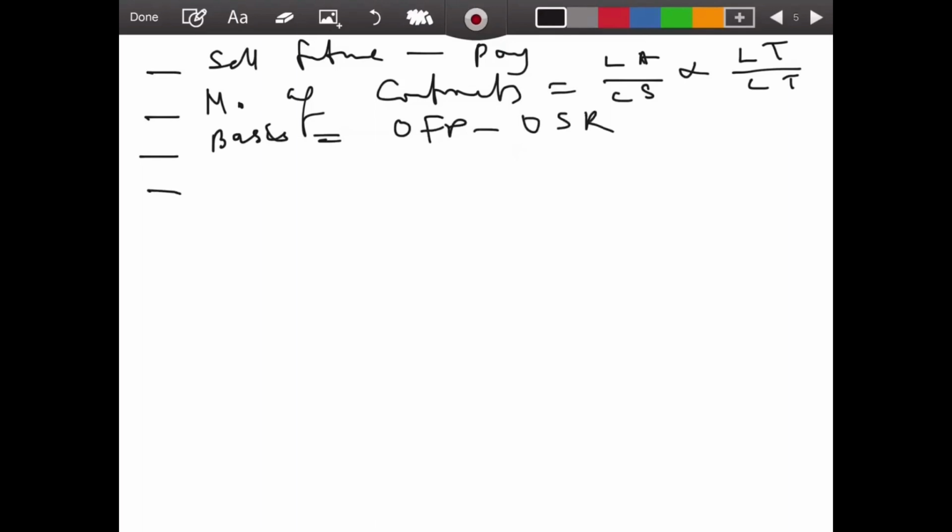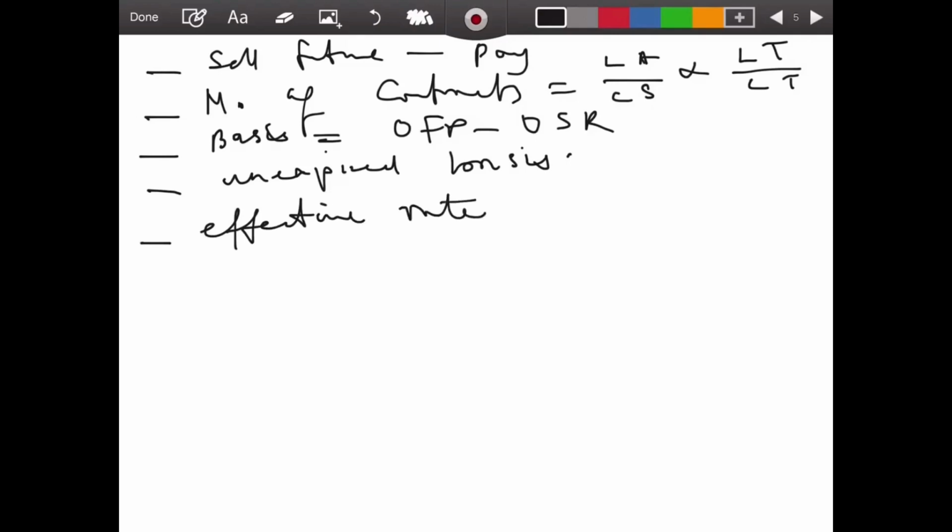Then you go from that to calculate the unexpired basis. In a question where the examiner did not tell you to calculate profit or loss, the moment you calculate your unexpired basis, the next thing you calculate is the effective rate, which is equal to your opening futures price minus unexpired basis.